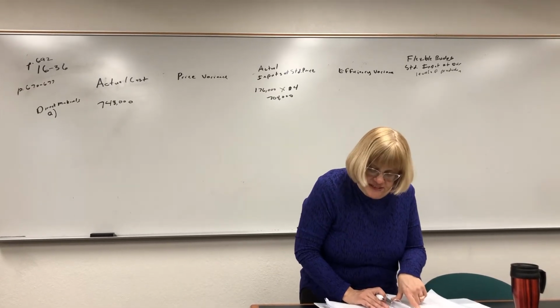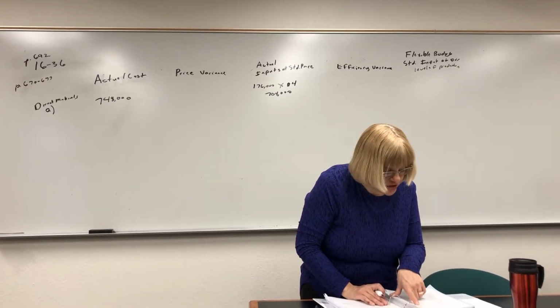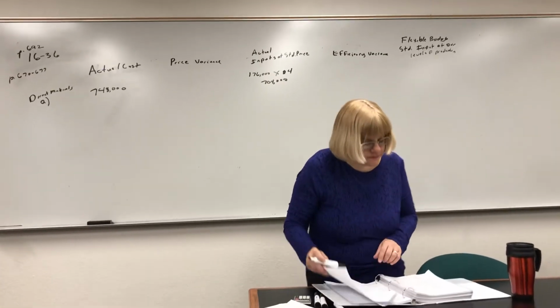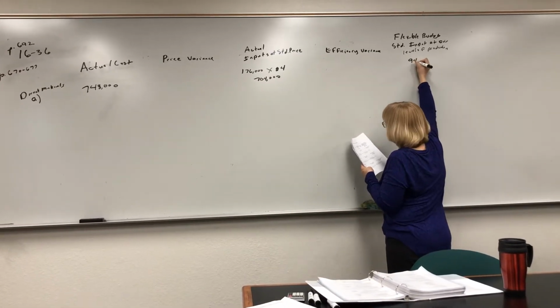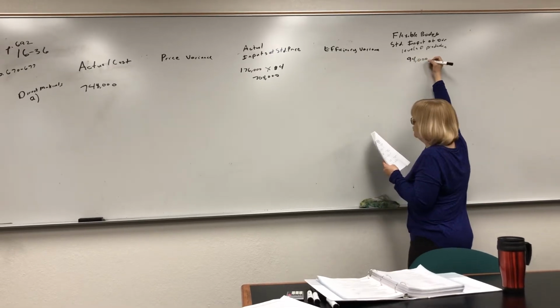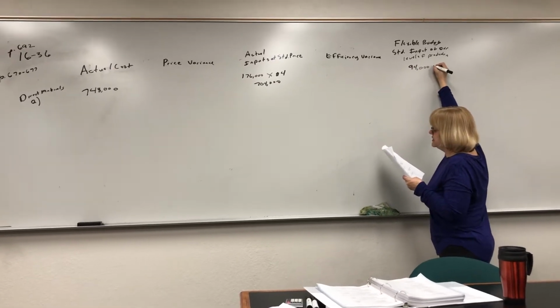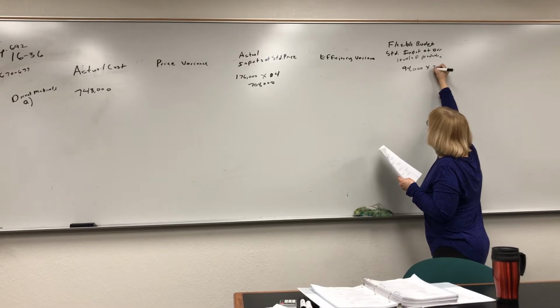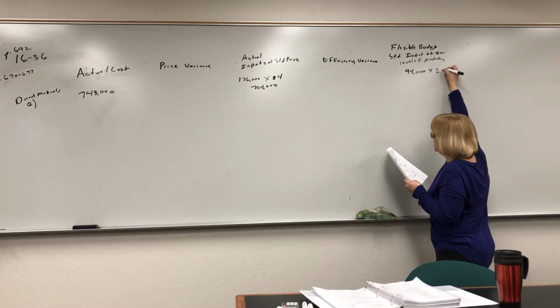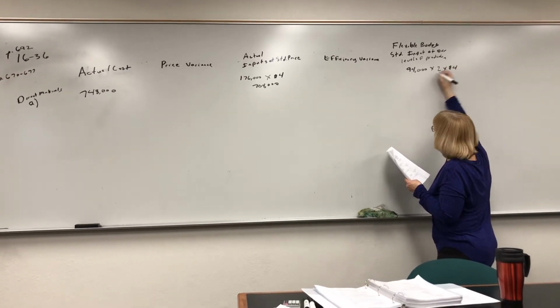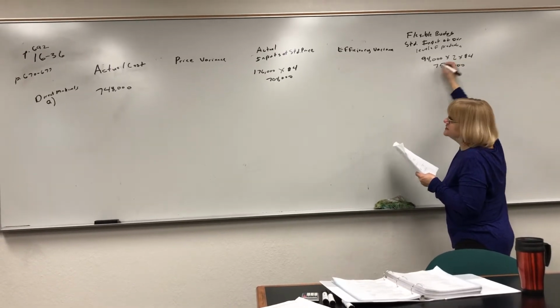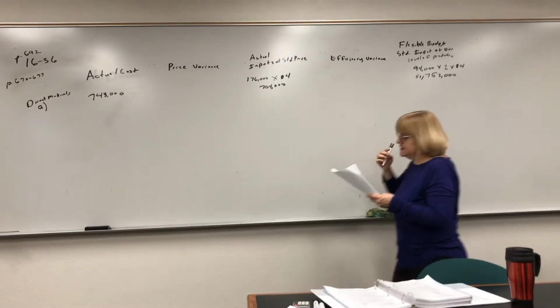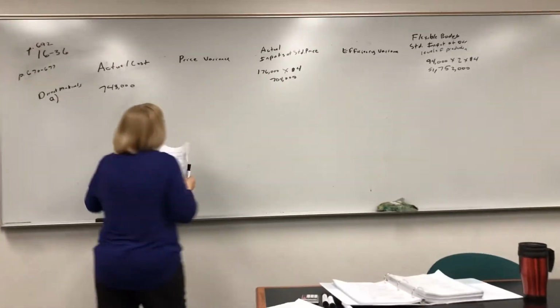They produced 94,000 units. So if we produce 94,000 units times 2 pounds per unit times $4 per pound, that should be $752,000 worth of materials. So you can see here we had a price variance.